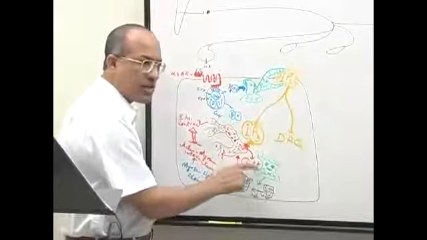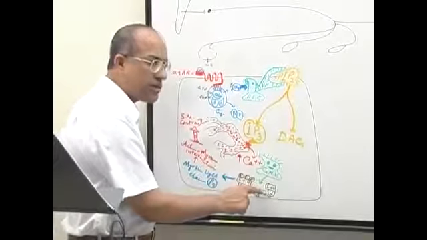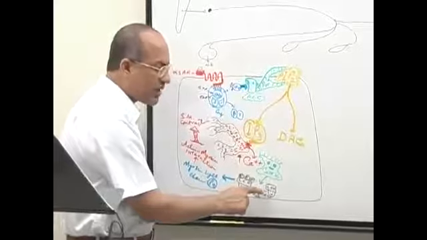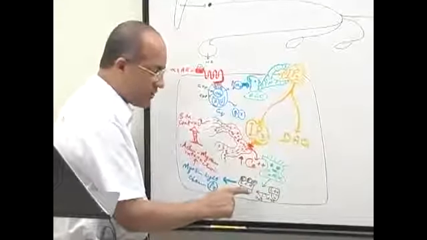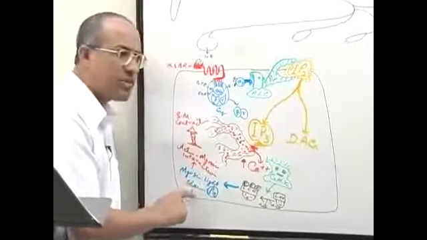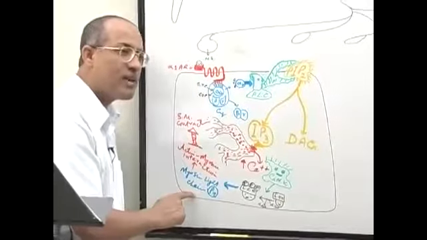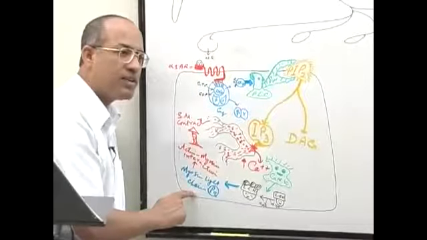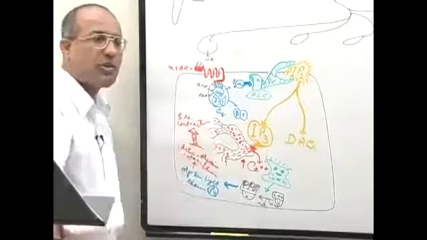Calcium will bind with calmodulin, and calcium-calmodulin kinases will be activated, which will phosphorylate target protein. In smooth muscle, the target protein is light chain kinase. When light chain kinases become phosphorylated, they phosphorylate myosin light chains. When myosin light chains are phosphorylated, they interact with actin, so actin-myosin interaction starts and smooth muscle will contract.